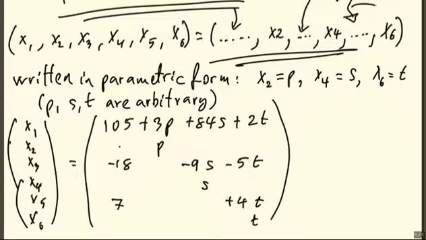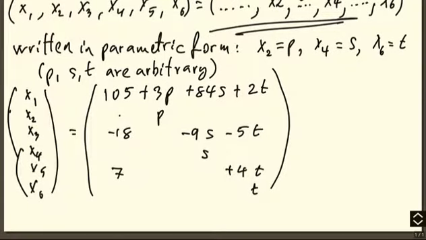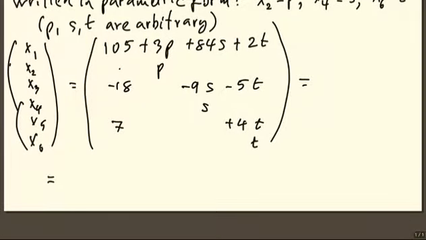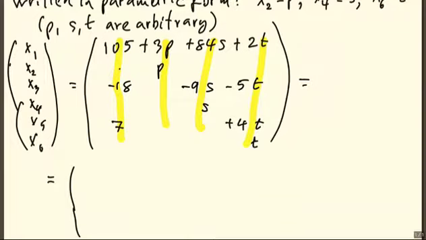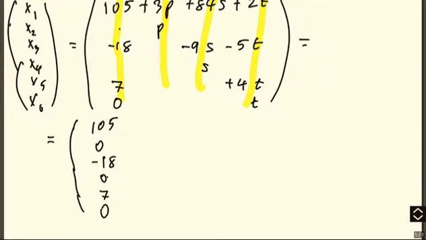So I can write this down, of course, next to each other, but in the next step what I want to do is separate these parts of the solutions into separate column vectors. So this way we can write 105, if there is no constant, then it's 0, minus 18, 0, and then 7. We have 6 entries in each column.